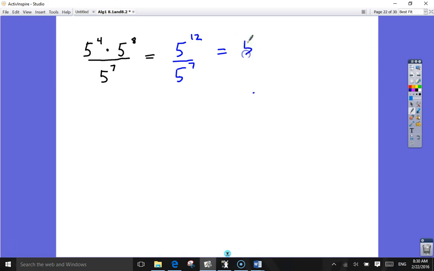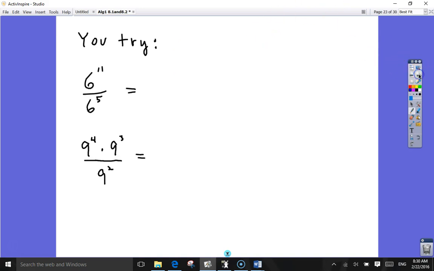That's 5 to the 5th. Do you really need to do it in two different steps? Not really. You could tell that things in the numerator will subtract things in the denominator. 4 plus 8 minus 7 is 5. So try these two.